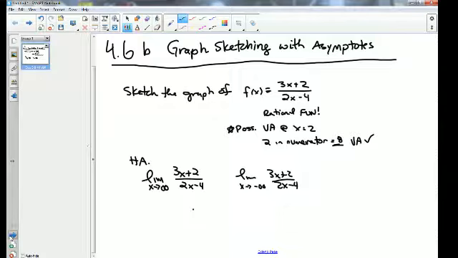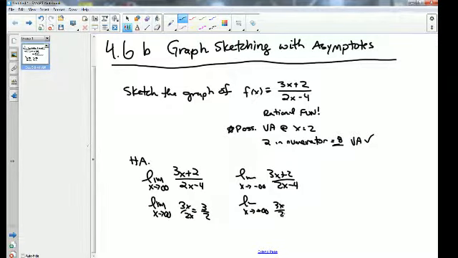Okay, limits. How do we solve infinite limits? Solve for the highest exponent. 3 over 2, right? 3x over 2x, so 3 over 2. Okay, what about this one?